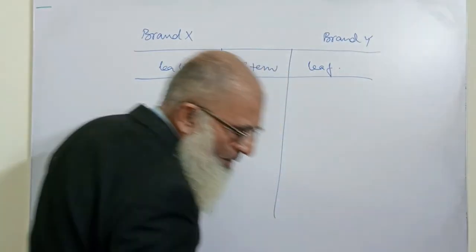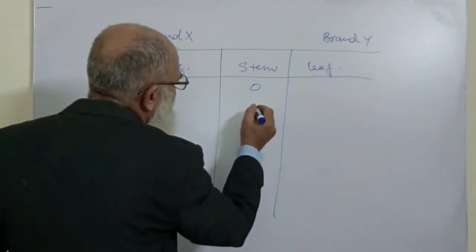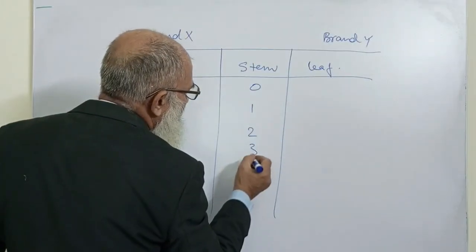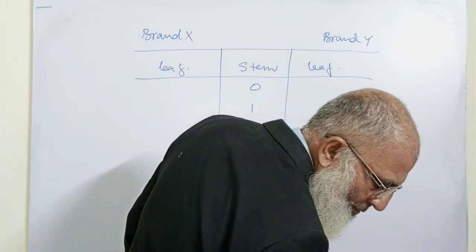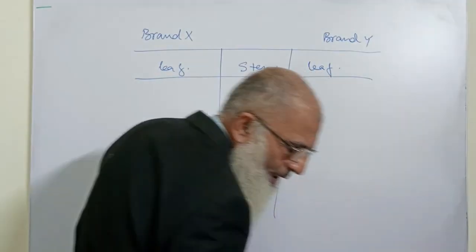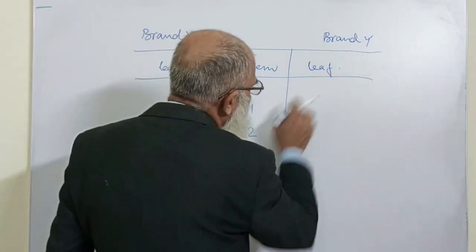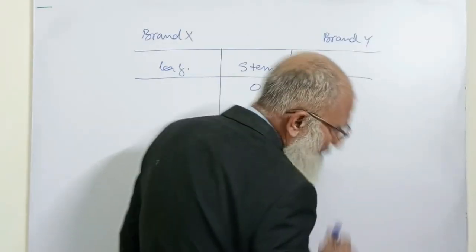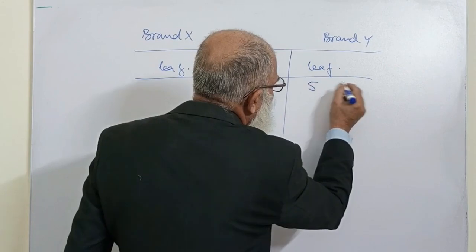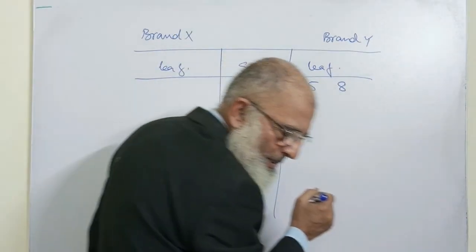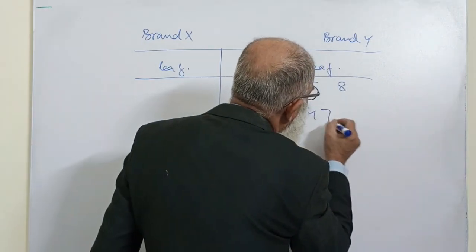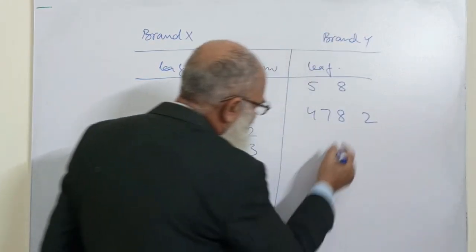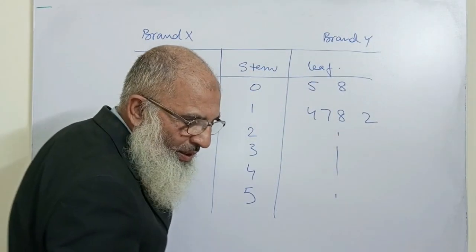For example, you will write 0, 1, 2, 3, 4, 5, and then you will write some data over here, 5, 8, and some data over here.